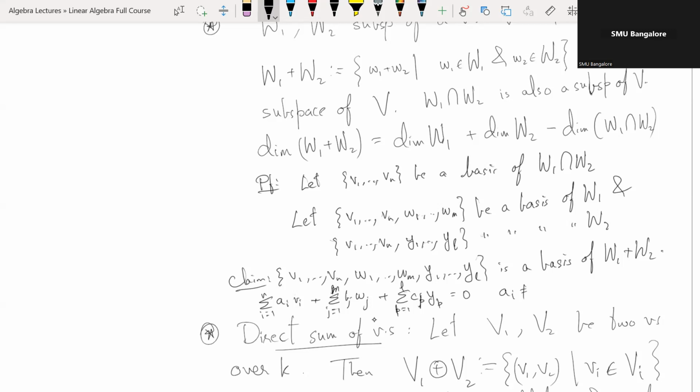Anyway, see, these Vi's and Wj's are all linearly independent, because it's a basis of W1. So all we have to show is that when we add these Yp's, it still remains linearly independent. So it can't happen that all the cp's are zero.